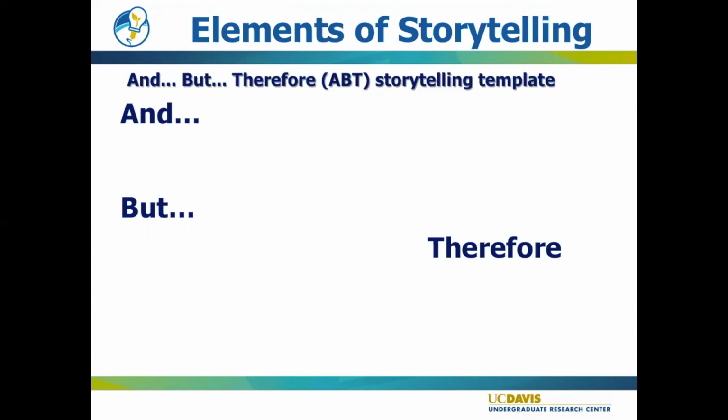Or, but we have a problem with this specific type of analysis that needs to be addressed. Lastly, you are going to present the therefore part of the ABT, the T, and that is going to convey to the audience how you plan to address the problem or to resolve whatever tension has been created in this storyline, if you're thinking a little more abstractly.